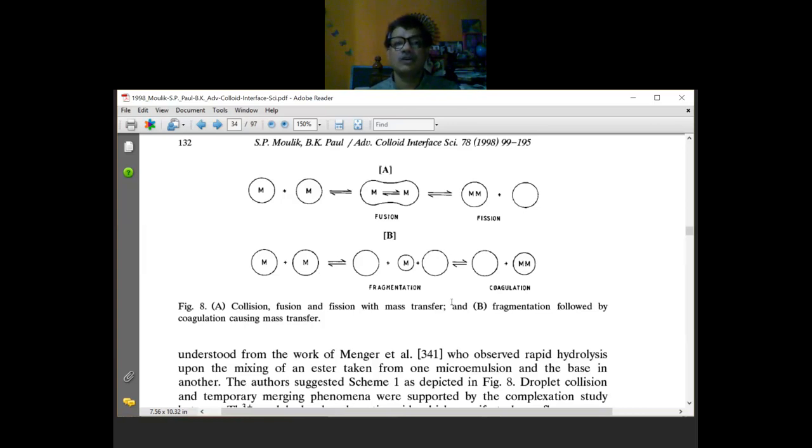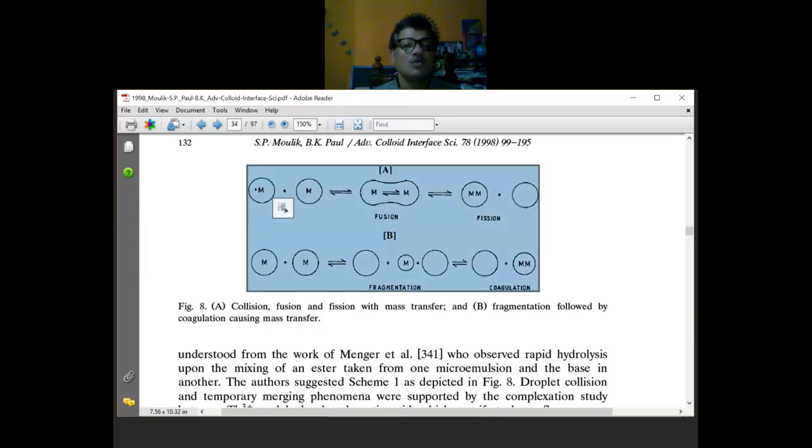That is, if I make a water in oil microemulsion with an ionic surfactant, then in the core there would be some ions. Here I am only describing the water pool with the circle. I have not shown the hydrocarbon chains here.